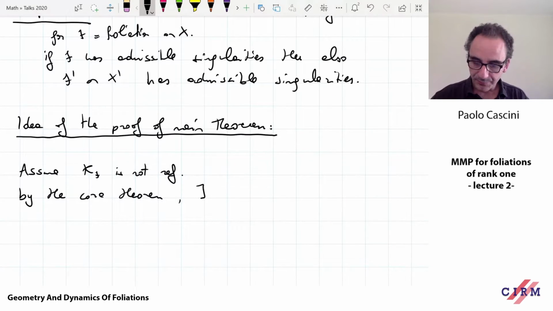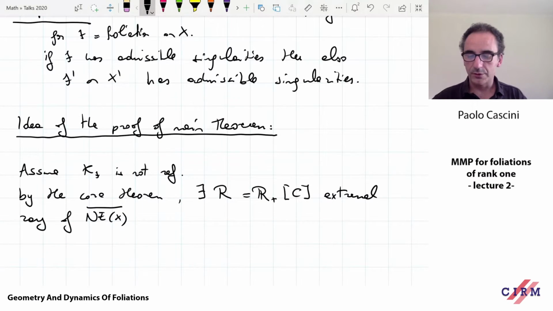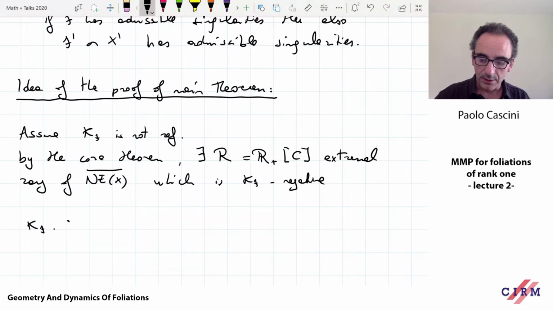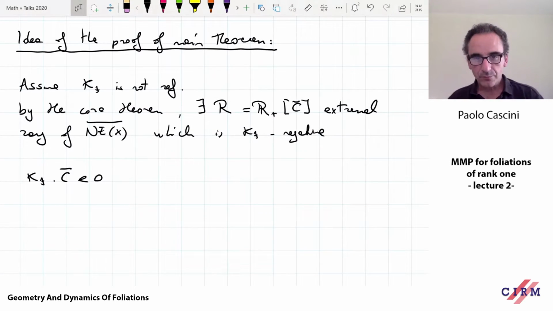So there exists R, which is an extremal ray, spanned by a curve C. So it's an extremal ray of the cone of curves on X which is K_F negative. So in other words, K_F times C is negative. Let me use the bar because I will use similar notation to what I used in the previous lecture.